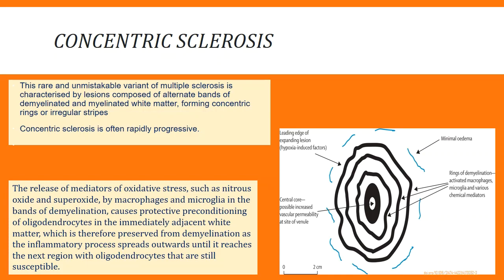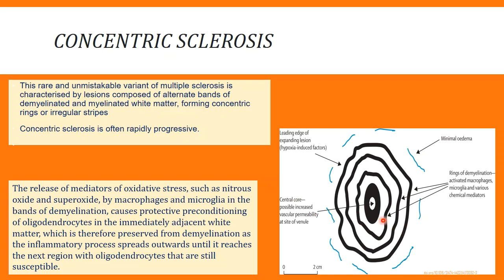So it is very important to note that multiple sclerosis can also show a characteristic concentric sclerosis type of pattern with areas of demyelination and again remyelination, with the formation of a concentric ring.